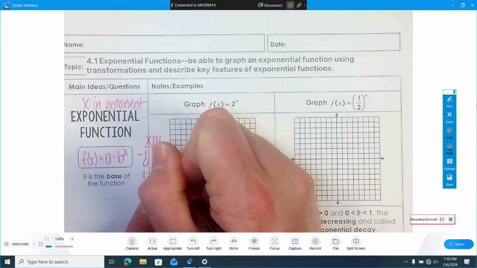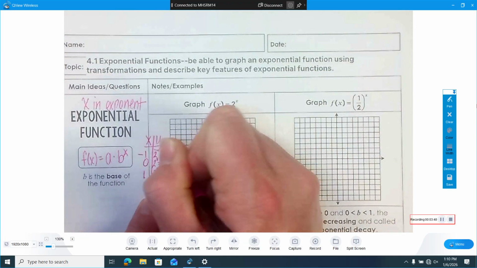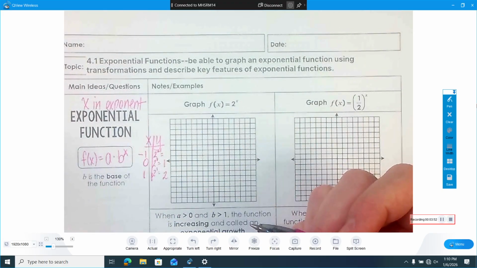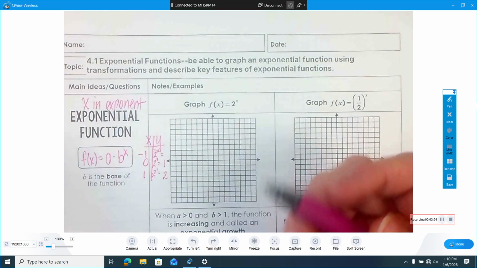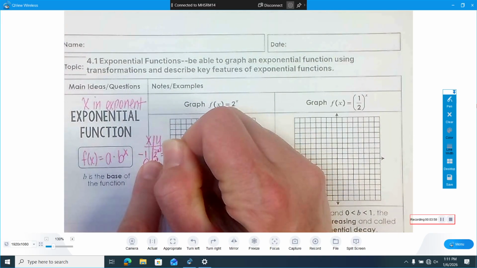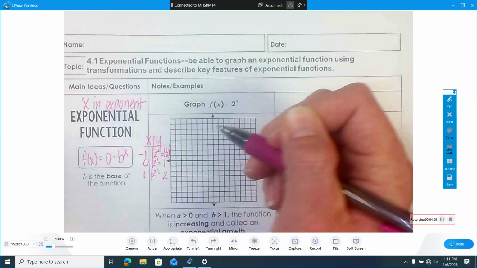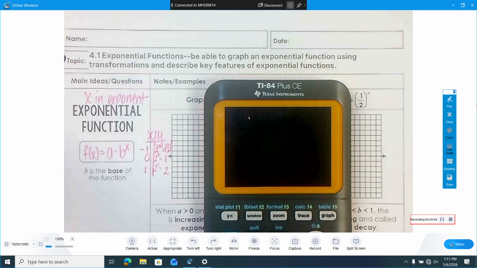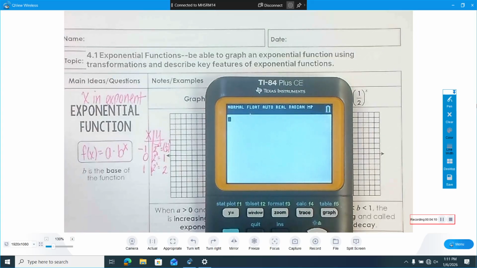And then, 2 to the -1. What does a negative exponent do? It flips the fraction. So 2 flips, and it becomes 1/2 to the first power. Which, of course, if you wanted to use your calculator, you could, but I like to remind us that we do have brains.